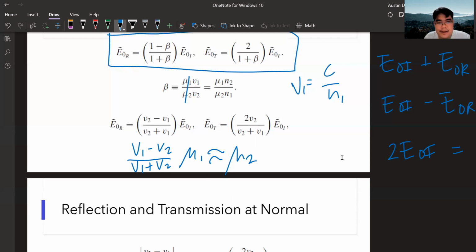Tapos, the R coefficient is defined as this: I_R over I_I, the relative intensity between the reflected and the incident light. Okay?